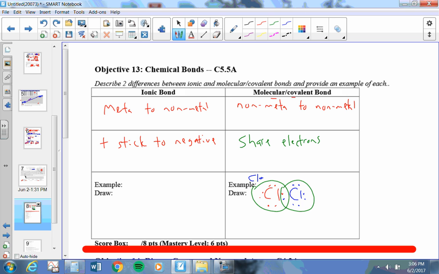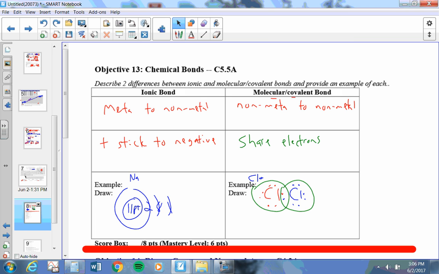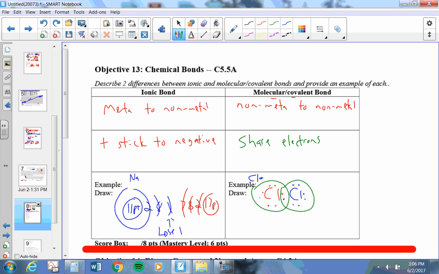Ionic bonds are things like sodium sticking to chlorine. Sodium has 11 protons, Na. And when we went through it, it had 2 in the first, 8 in the second, and 1 valence. Chlorine had 17 protons, and its electrons were 2 in the first, 8 in the second, 7 in the third. And we had this idea that, in order to be happy, this one wants to lose 1.